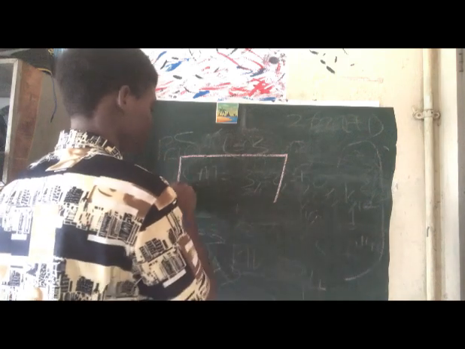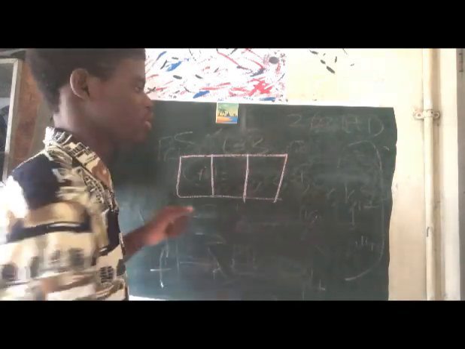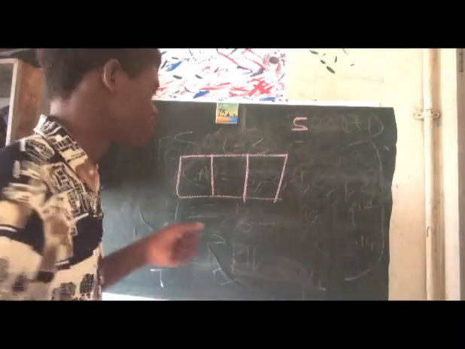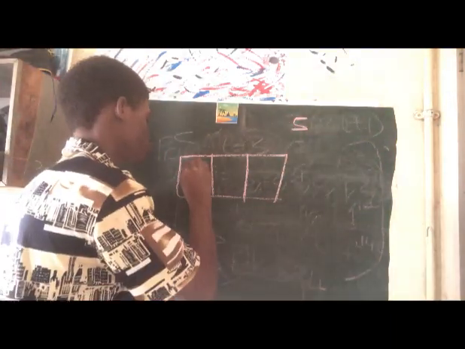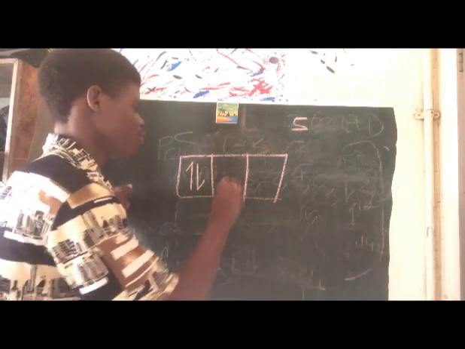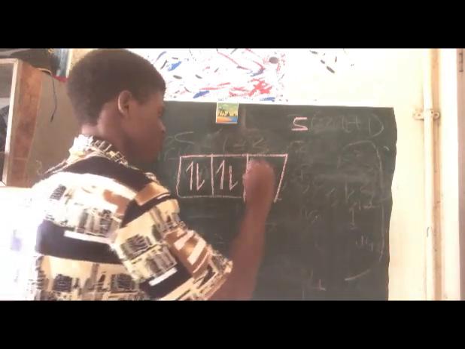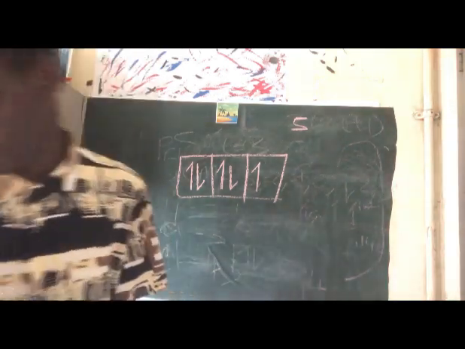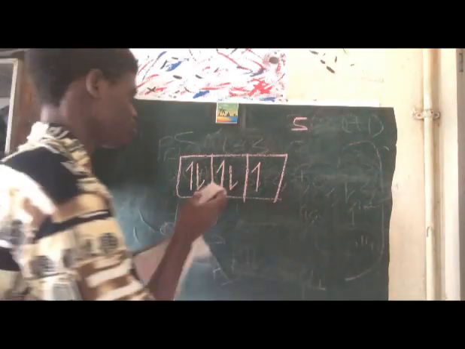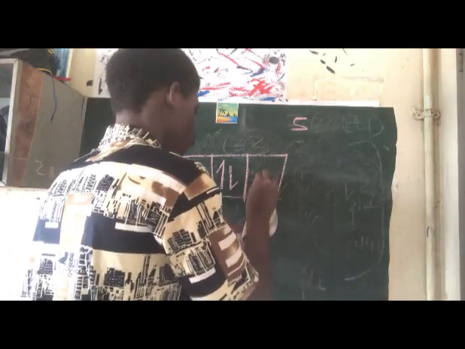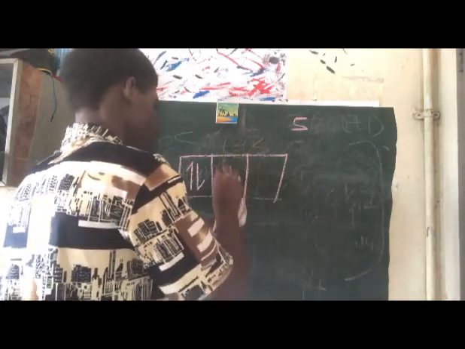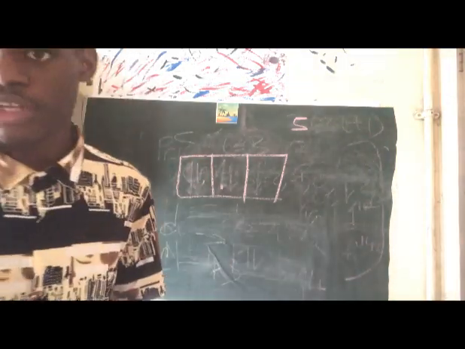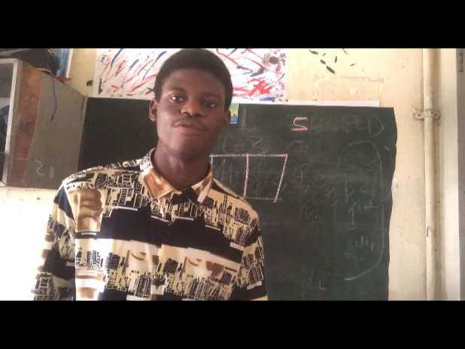So let's say we have something like this. These are the orbitals. I want to fill in 5 electrons. For the Aufbau principle, we need to fill the one with low energy first, so we fill it like this: 1, 2, 3, 4, 5. This is the Aufbau principle. But Hund's rule now says electrons enter into orbitals singly before pairing.